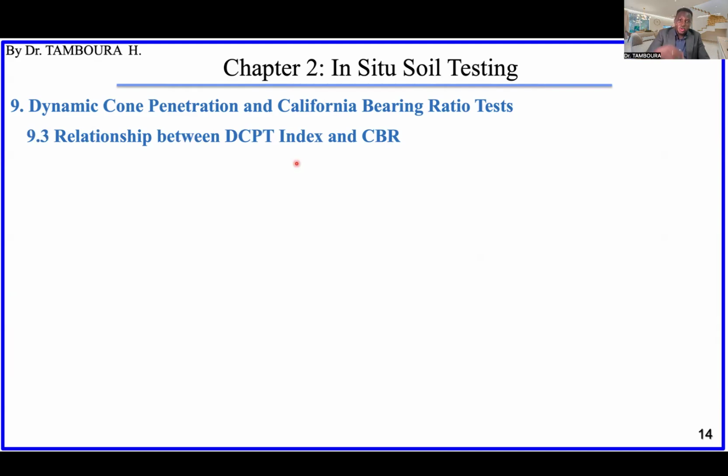So what is the index? The index is in millimeters per blow. How many millimeters the cone gets in for each blow? So we can link that to this ratio, the California bearing ratio.